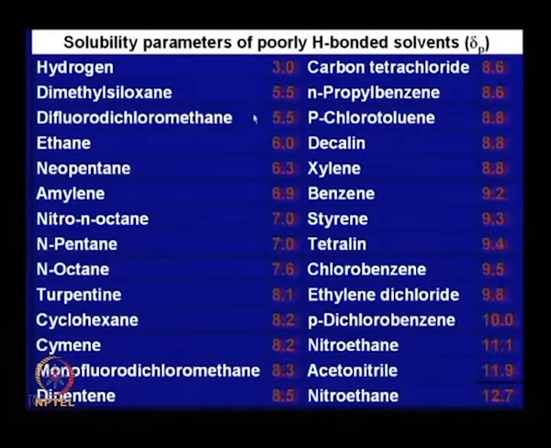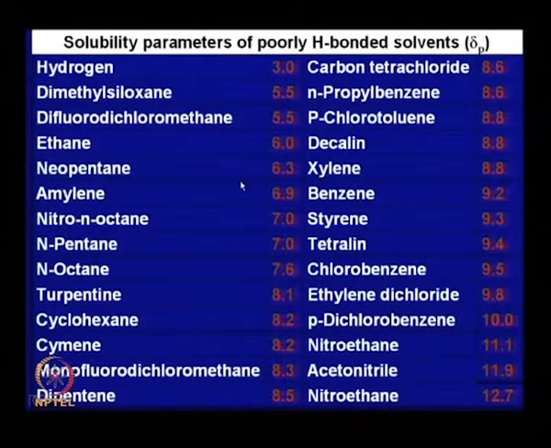Okay. These are for poorly hydrogen bonded solvents: carbon tetrachloride, propyl benzene, decalin hydrocarbon solvent, xylene aromatic hydrocarbon solvent, benzene aromatic hydrocarbon solvent, styrene, whose structure is different from that of benzene, tetraline, chlorobenzene. So, these solvents are considered as solvents whose hydrogen bonding effect is minimum, poorly hydrogen bonded solvents.